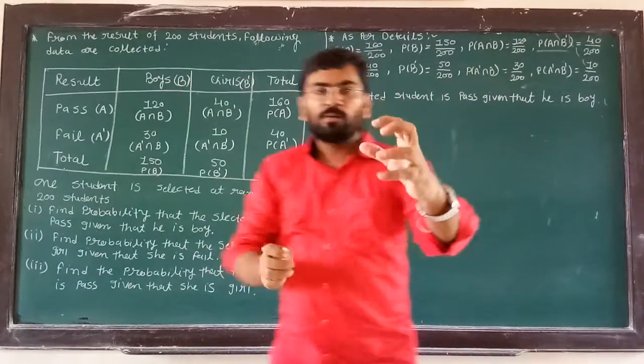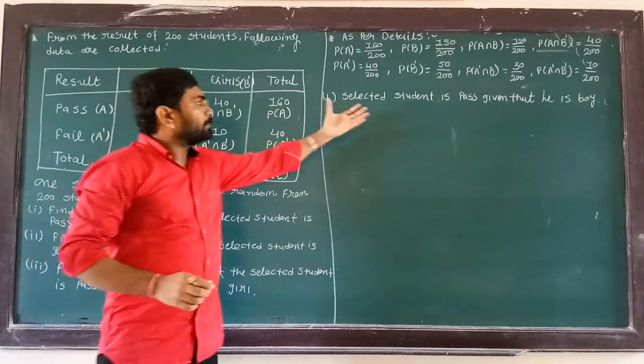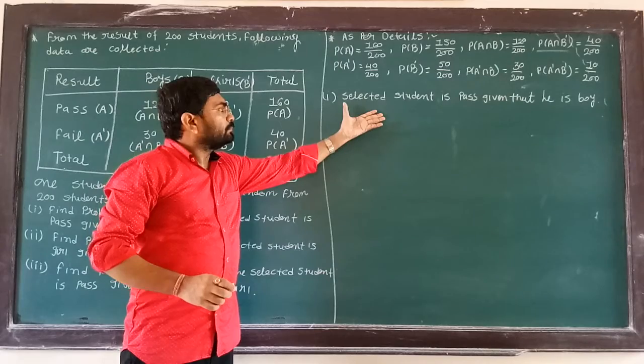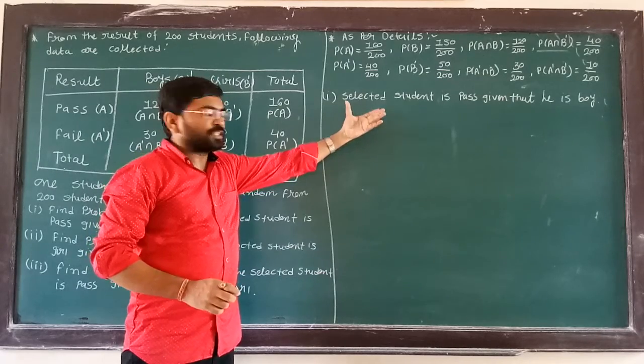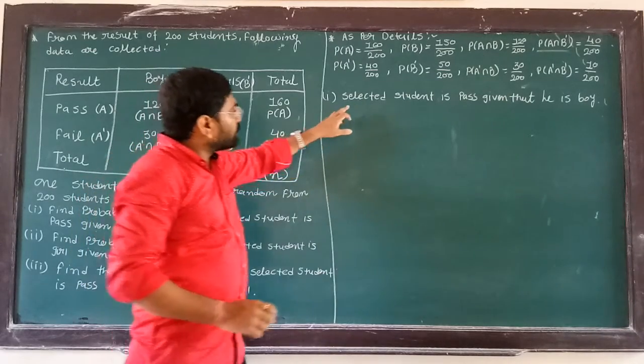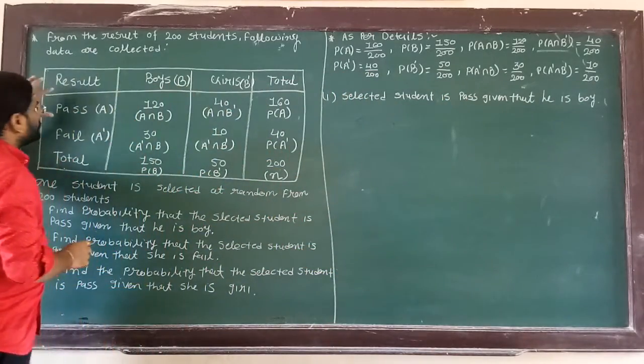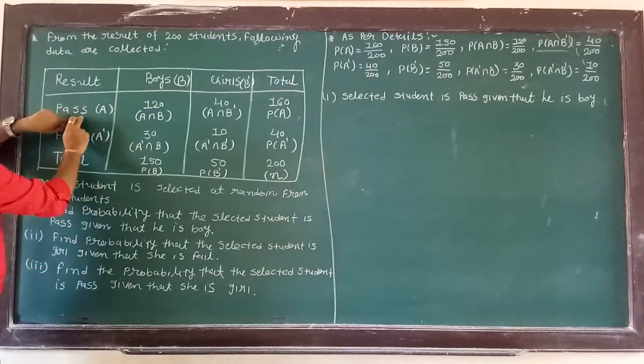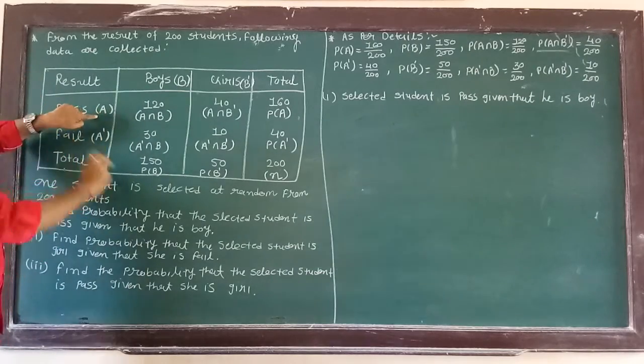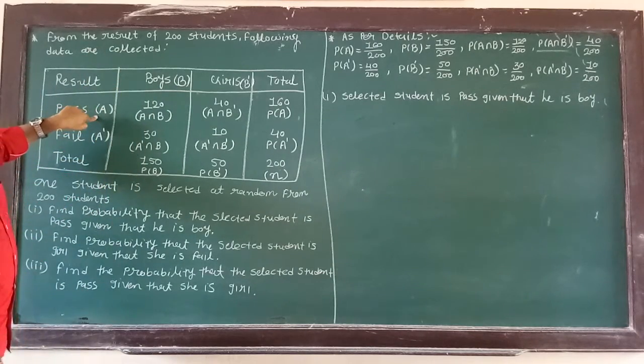Now students, proper understanding of this statement. First of all, the selected student is pass. See here, pass means A. Given that he is a boy.